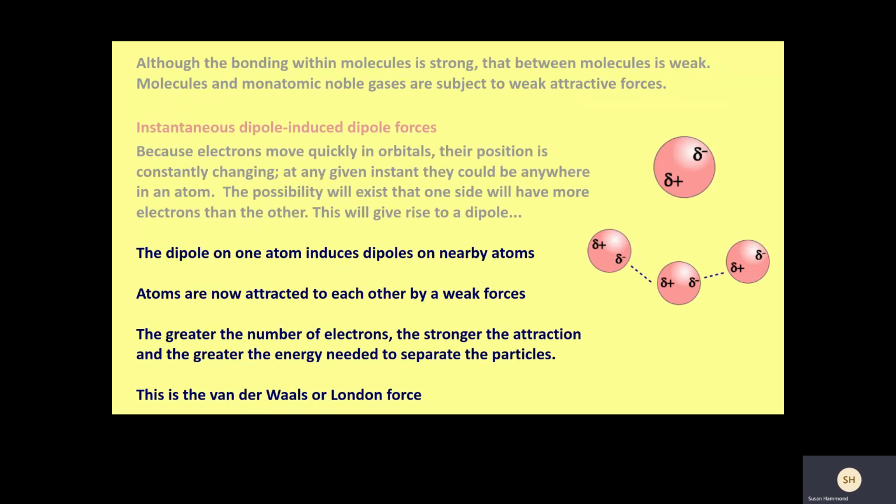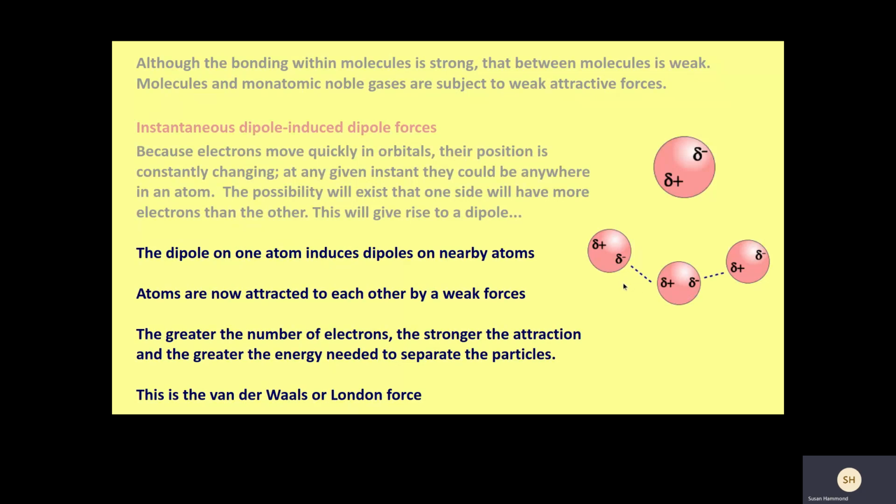And at one moment in time, we could get a little bit negative charge on one side, a little bit positive on the other. Now, if we look at this with a few atoms, this delta minus here, if we've got more electrons where the cursor is, then that is going to repel the electrons on this middle atom. Then the electrons move to the other side, so we end up with delta plus on the left, delta minus on the right.